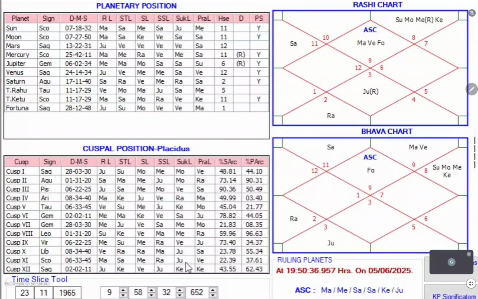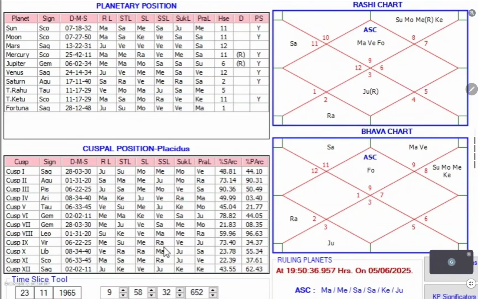And here, usually you find that it has to appear either in the ascendant or in the eighth cusp of that particular relative.